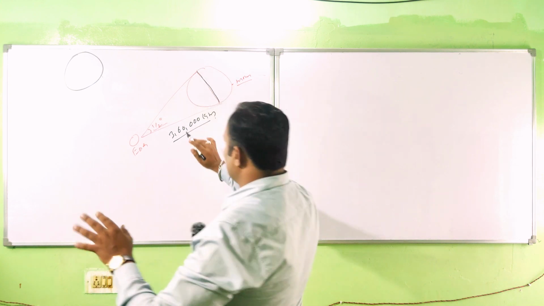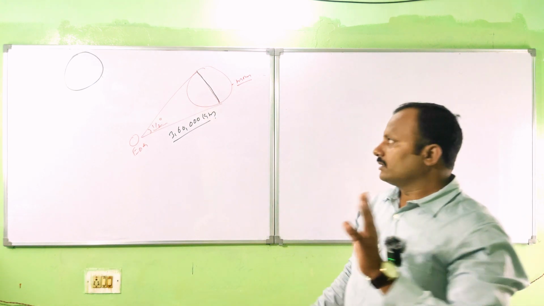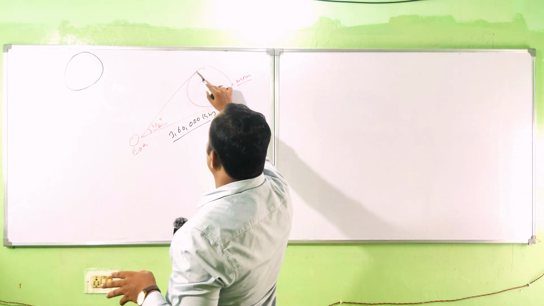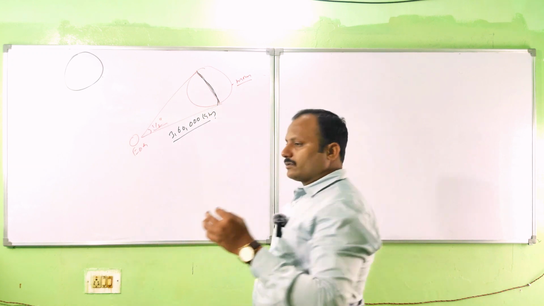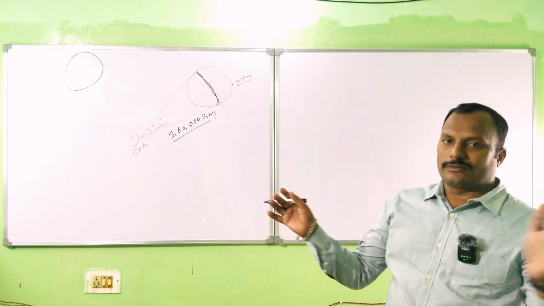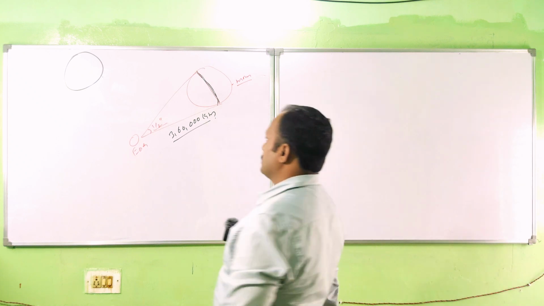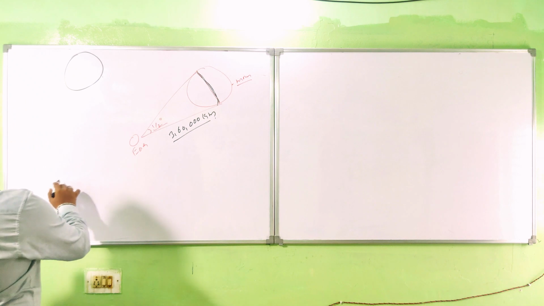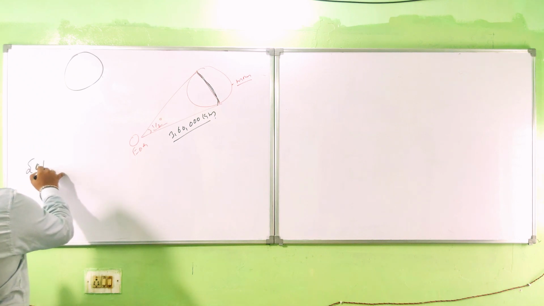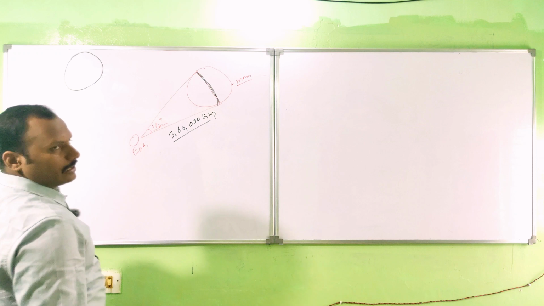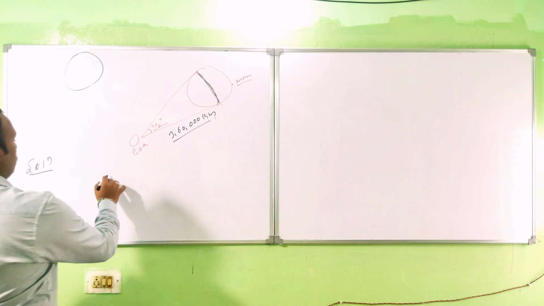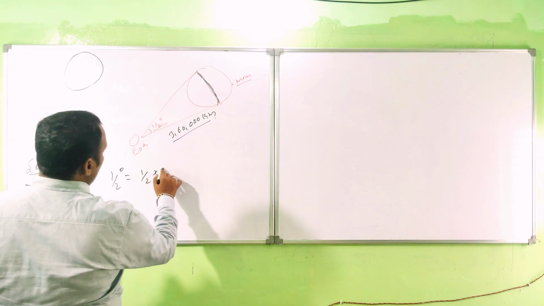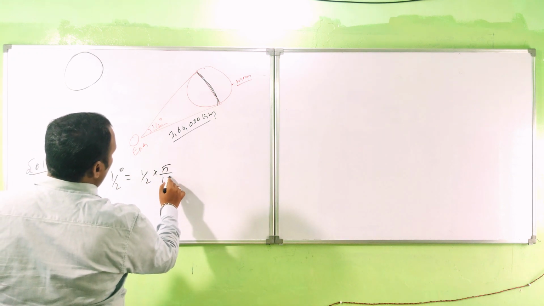This is almost an arc, so you can consider it as the diameter because of the vastness, the largest distance. First, they gave theta in degrees. Theta in degrees is equal to 1/2 into pi by 180.